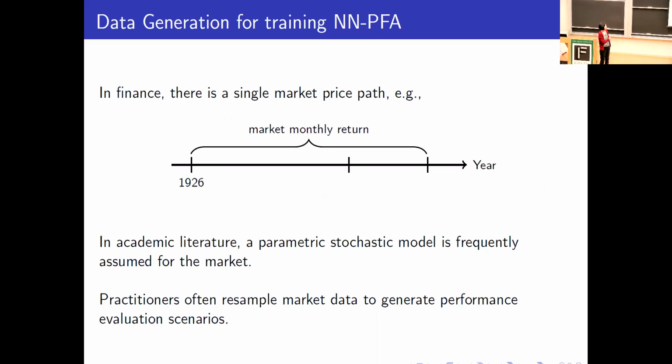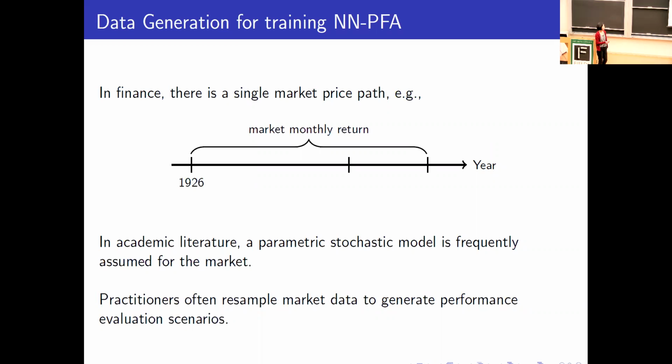Suppose you can go back as far as 1926, we have return data from 1926 to 2023, for example. We don't have many observations of the data. If we use monthly return data, that's only a very limited set of observations, right?